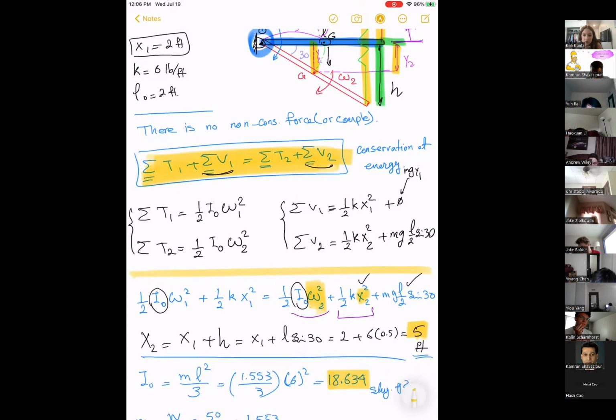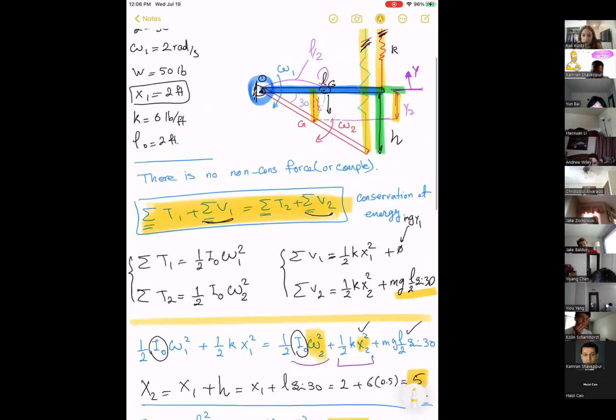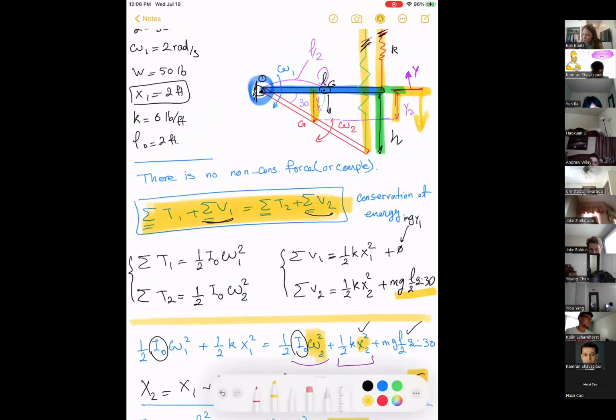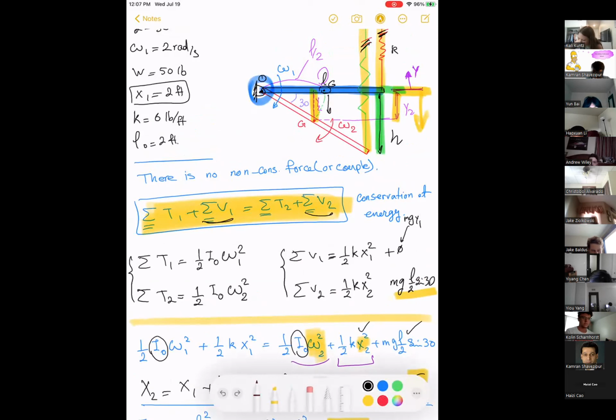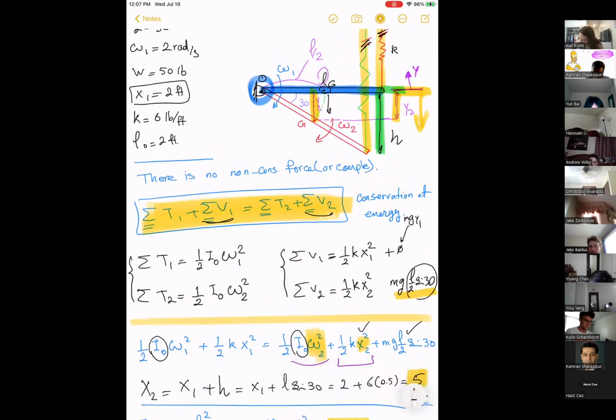This mg, this kinetic energy, remember, this is my reference, right? When I go below the reference, it should be negative. Thanks for catching that. This should be negative because technically your L2, this term, your Y2 is smaller than 0, is negative.